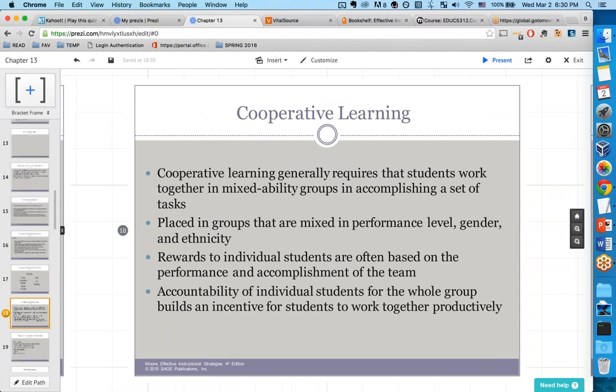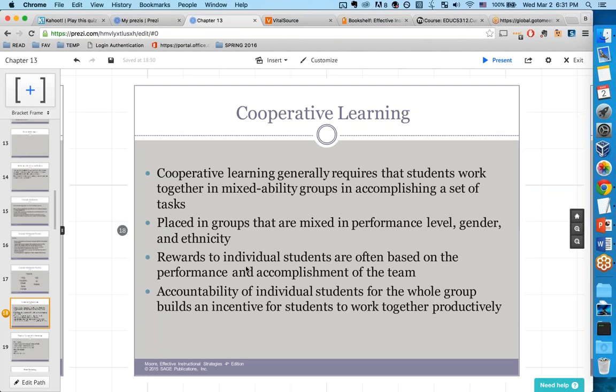All right, let's move on to cooperative learning. Cooperative learning is, first of all, based on constructivism theory. It's more than simply putting students in a group.